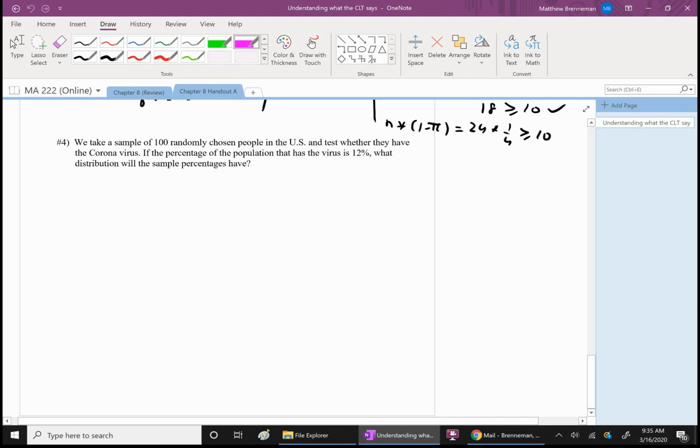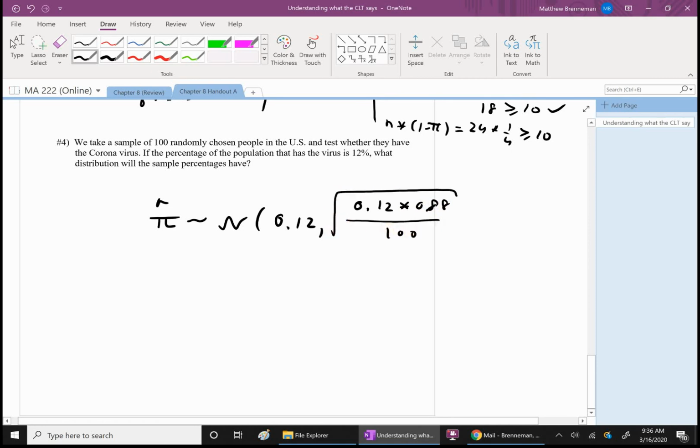So now we can just state what the distribution of the sample percentages is, right? We automatically can go to that. The sample percentages have a normal distribution, and you can do this using either decimals or percentages. I'm going to do it both ways, okay? So the population parameter is 12%, and the standard deviation is going to be the square root of pi times 1 minus pi all over 100.